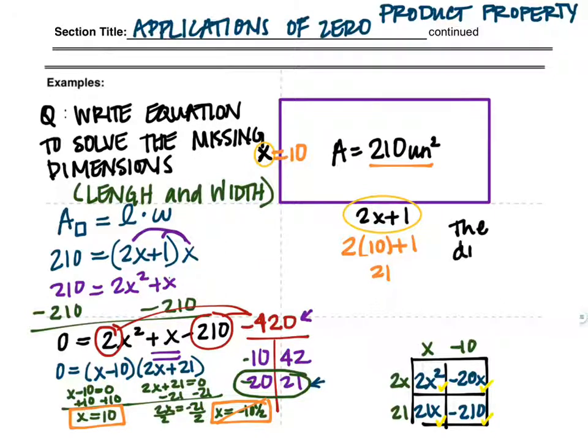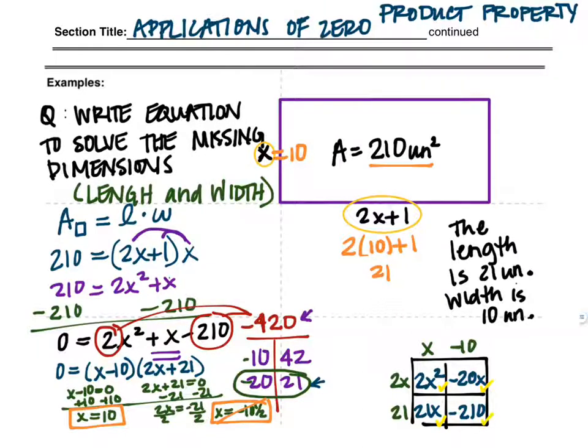Actually I'm just going to say the length is 21 units, and the width is 10 units. Excellent. So that is kind of that last piece of making sure that I answer the problem.